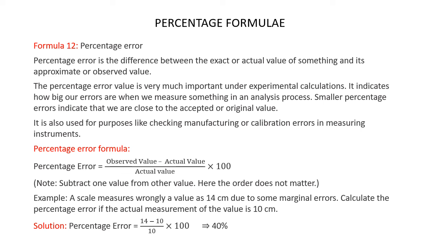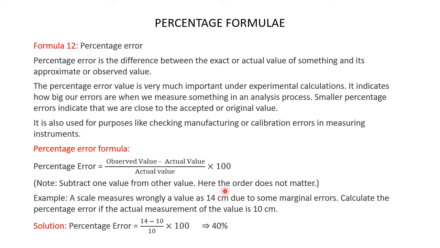Now, percentage error formula is: percentage error is equal to observed value minus actual value divided by actual value multiplied by 100. Subtract one value from the other.